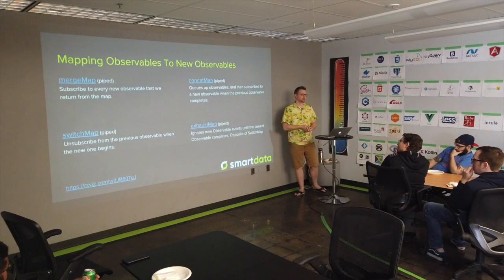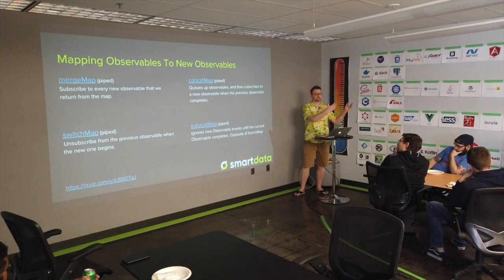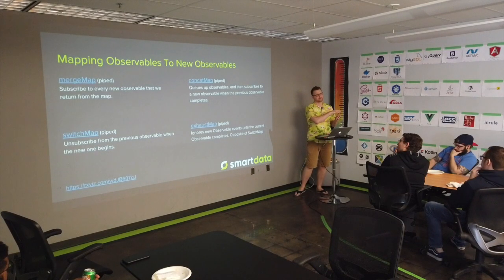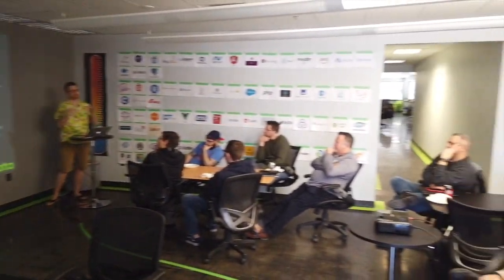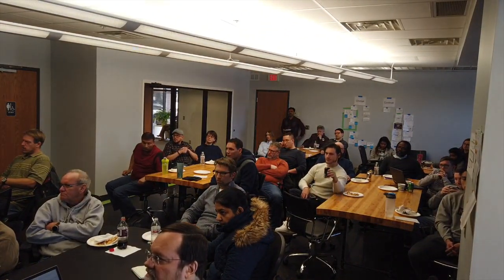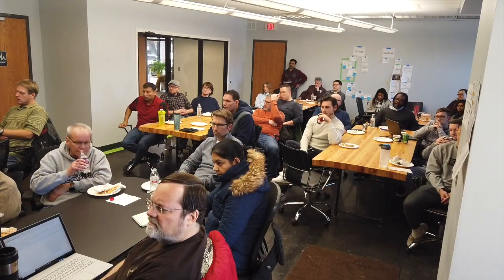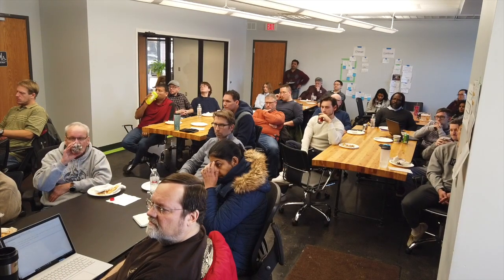Switch map is one that whenever it receives a new event, it will unsubscribe from the old one and then create a new observable, and then unsubscribe from that when the new event happens. Concat map is good if you need to queue up stuff.